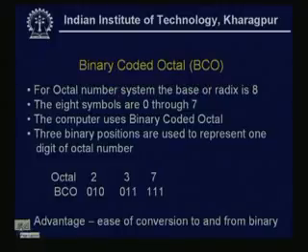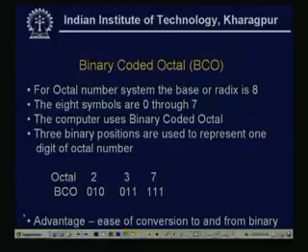For the octal number system, we have already seen that the base or radix is 8, and the 8 symbols are 0 through 7, that is 0, 1, 2, 3, 4, 5, 6, 7. These 8 values are mainly used. Now, the computer uses binary coded octal.